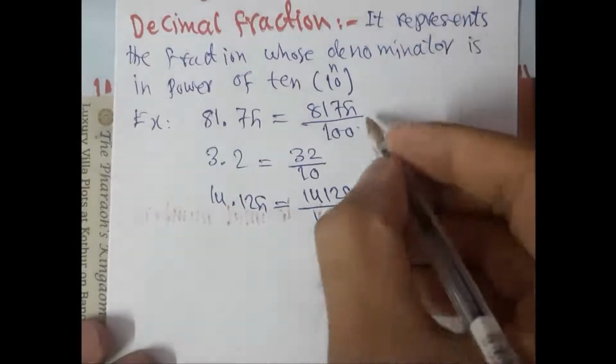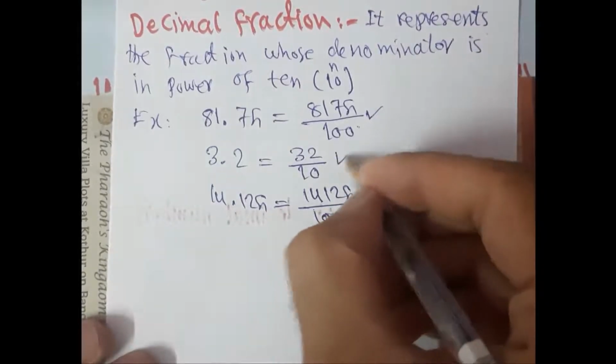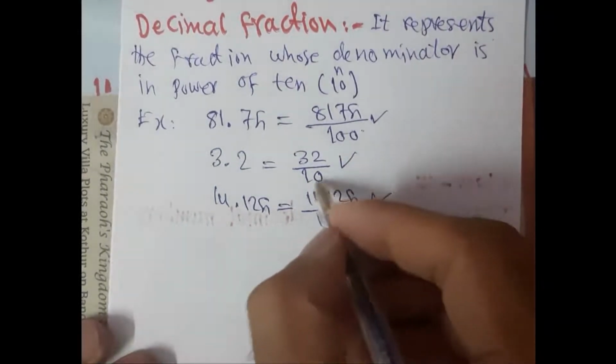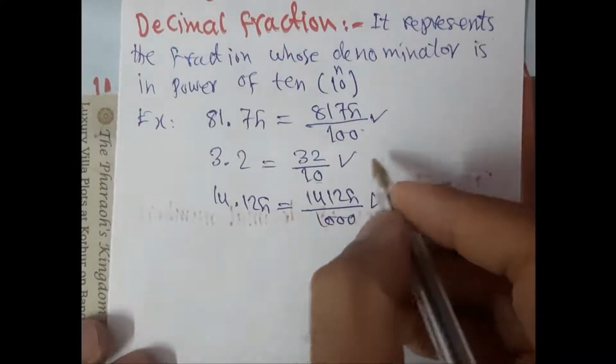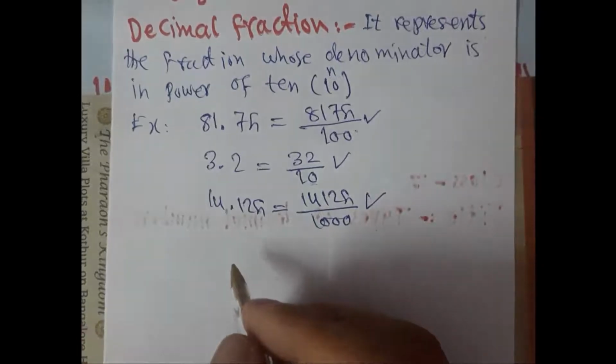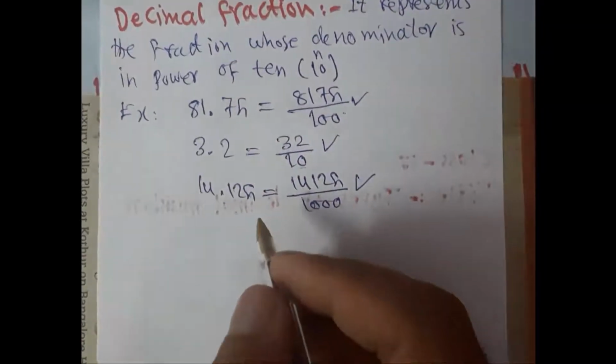They are decimal fractions, because the denominator is 10, 100, 1000 and so on. It is the meaning of decimal fraction.